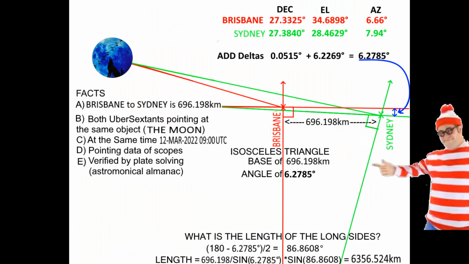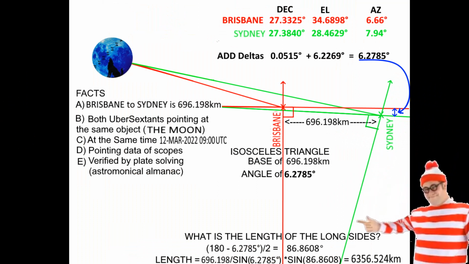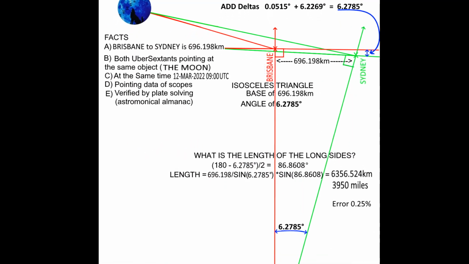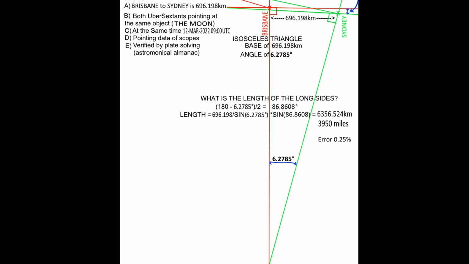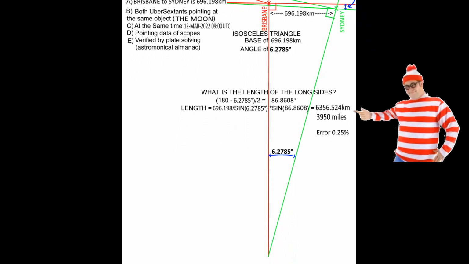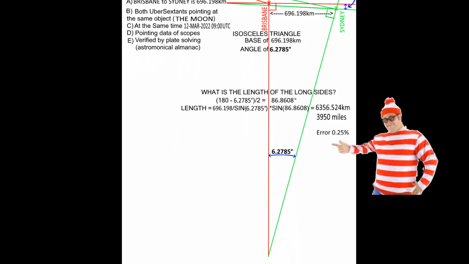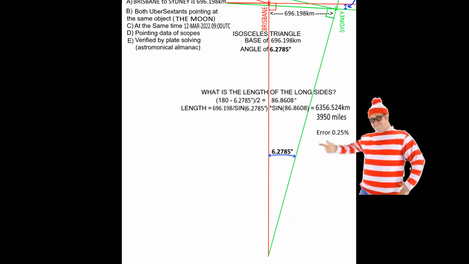So once more we have an isosceles triangle of FE doom. The distance below the surface that these two verticals intersect is determined by solving that isosceles triangle, the sides of which are 6,356.524 kilometres long, and that, my friends, is just 0.25% from the latitude adjusted average value of R, 6,372.651 kilometres. Now, I call that a definite win.